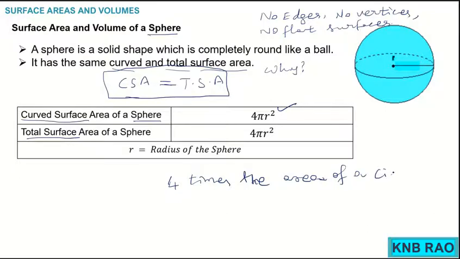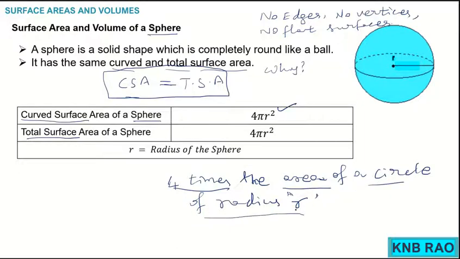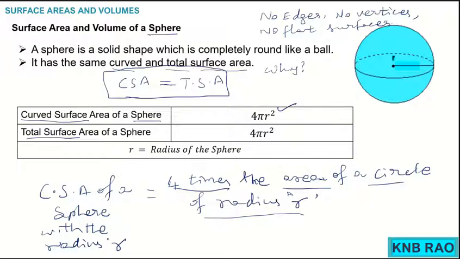of a circle of radius r. So 4 times the area of a circle of radius r will be the curved surface area of a sphere with the radius r.